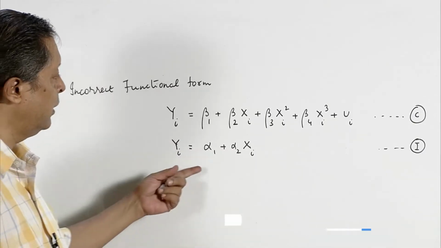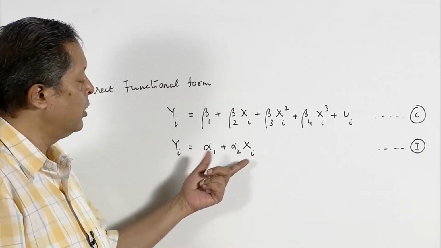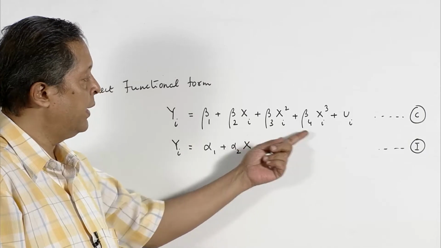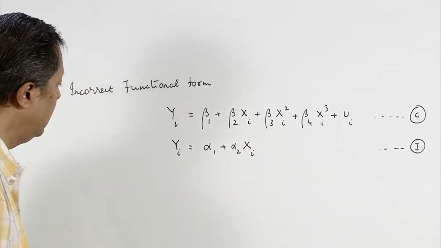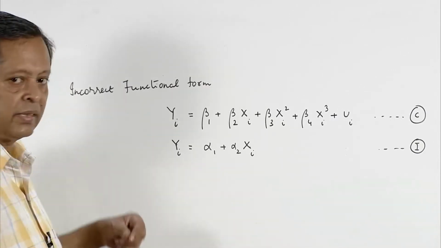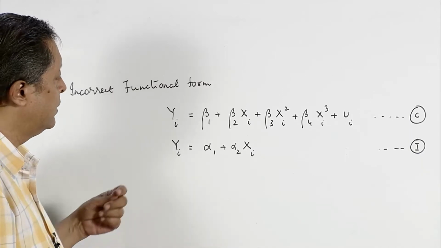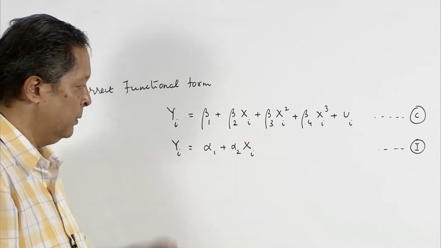So, here the functional form of the model which is going to be fitted is incorrect because we have omitted x square and x cube. So, again this will give the same results as we had obtained when we had incorrectly specified the model by omitting these variables.